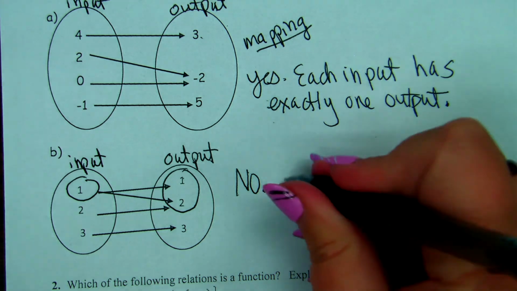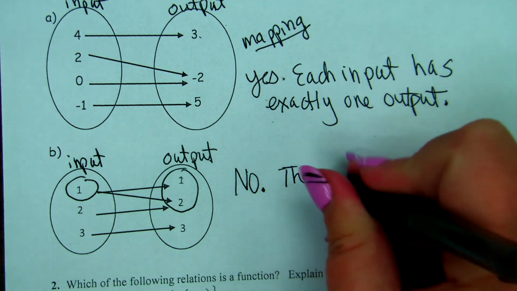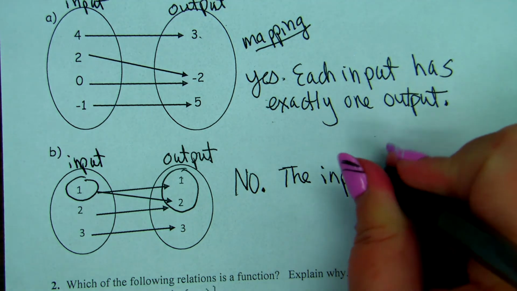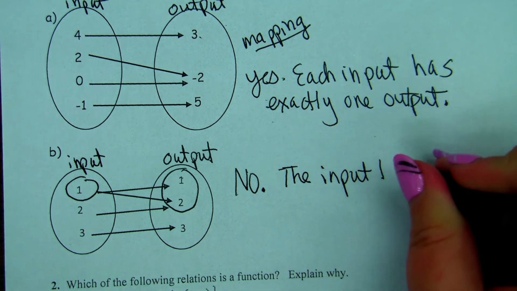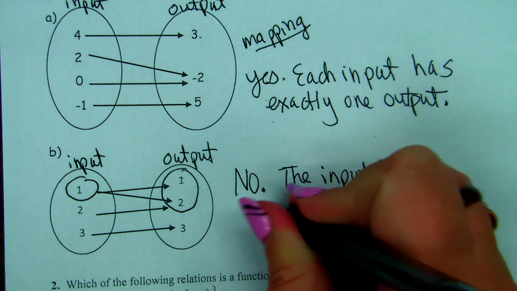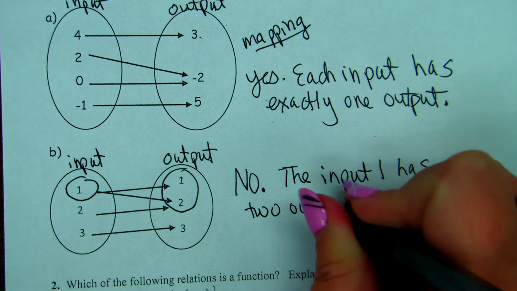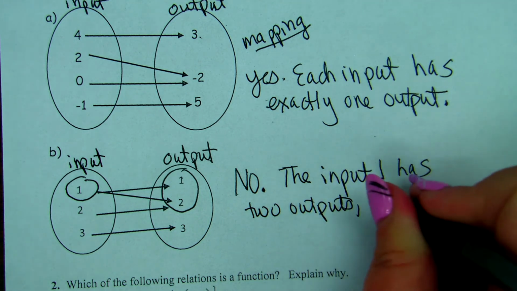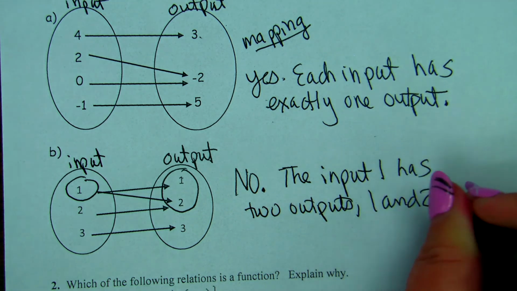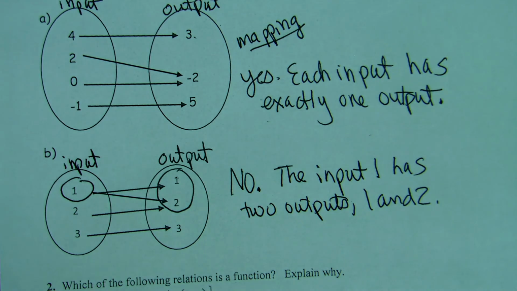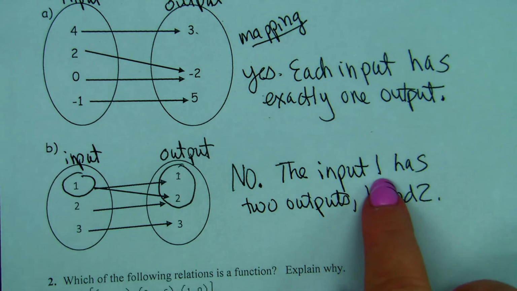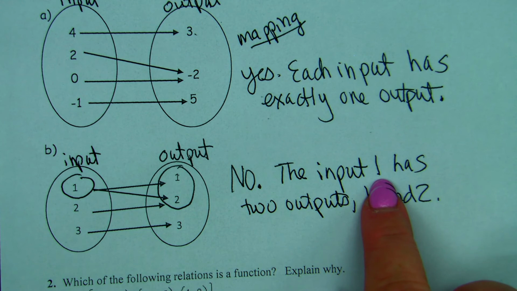We're going to say the input 1 has 2 outputs, 1 and 2. We tell which outputs it has. We tell which number is the number that got us in trouble, that made it not a function.